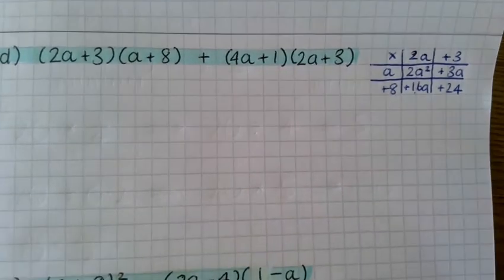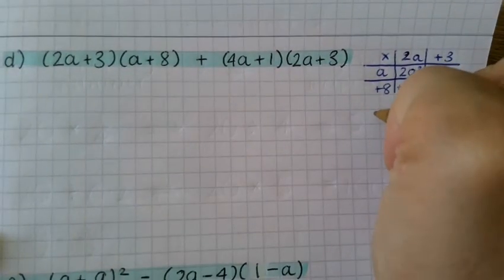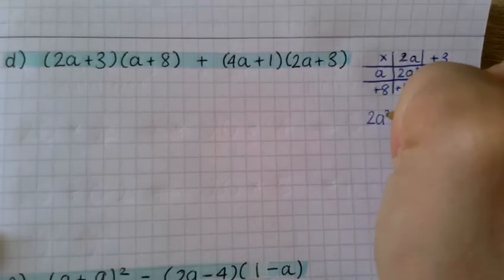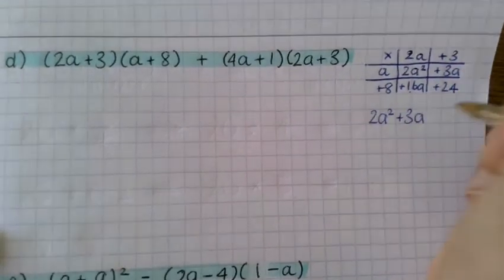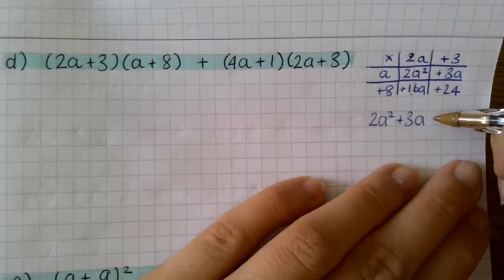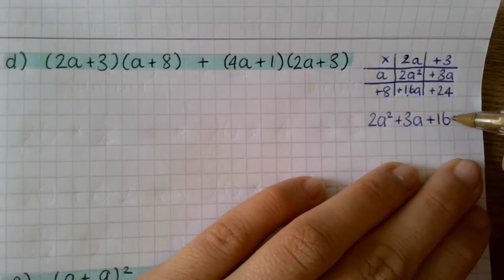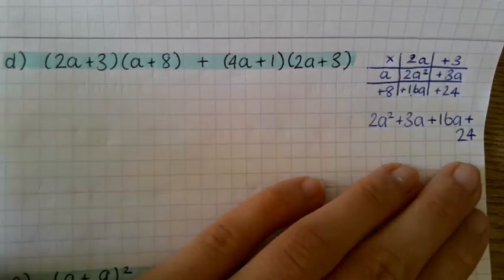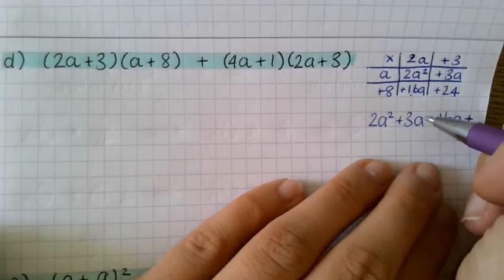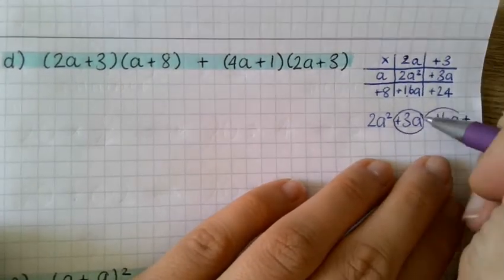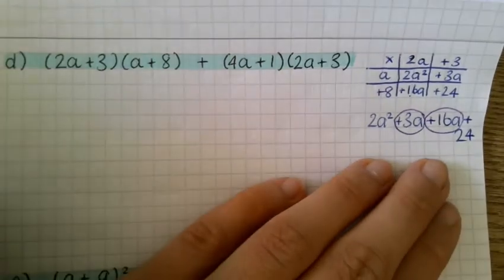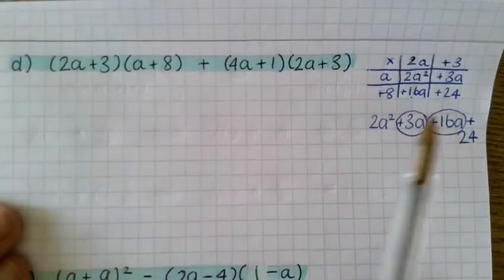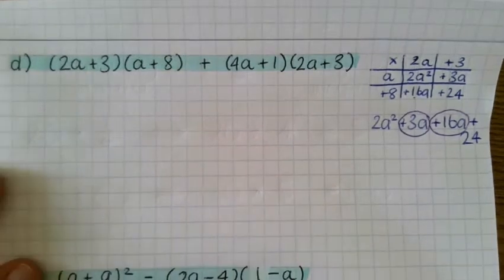So when I add these things, I get 2a squared plus 3a plus 16a plus 24. And then collecting my like terms, I'm going to write the simplified expression underneath here.